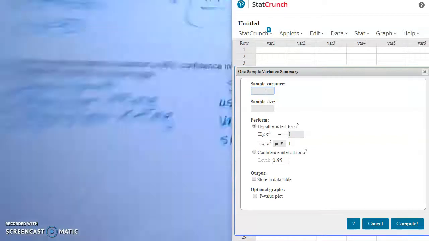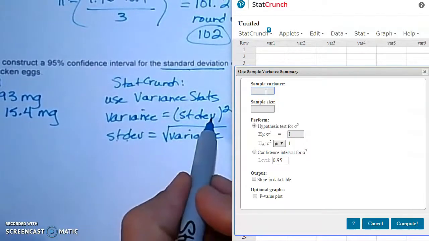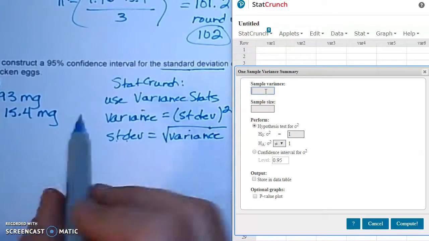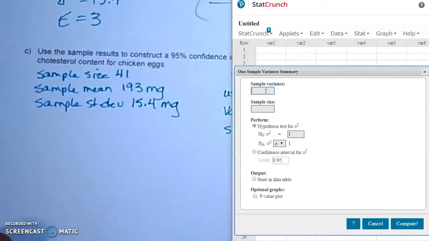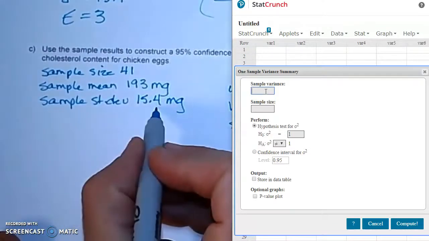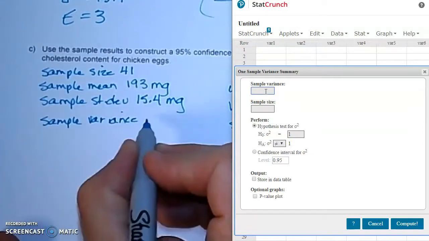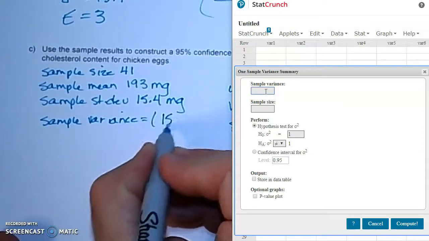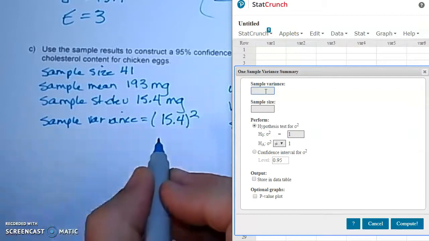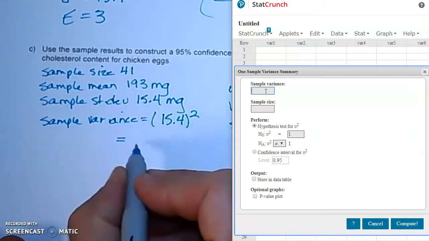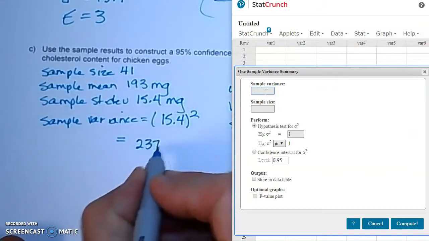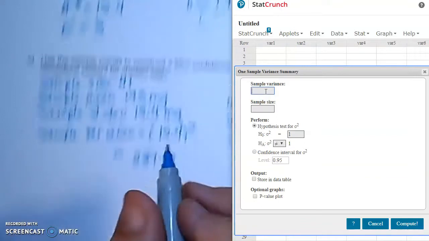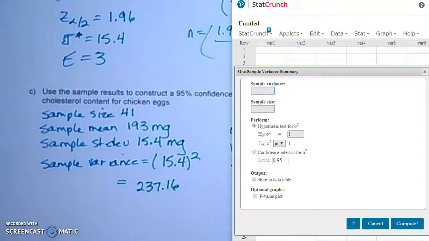But because the variance is the square of the standard deviation, we can get the sample variance by taking our sample standard deviation and squaring it. Our sample variance would equal 15.4 squared. And that is 237.16. That's the number that we'll put into StatCrunch.